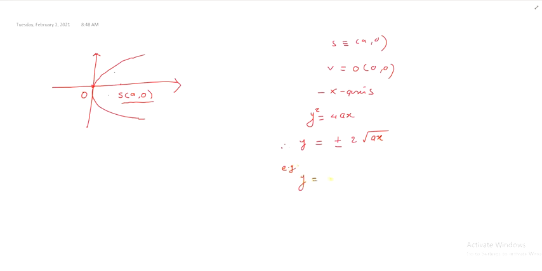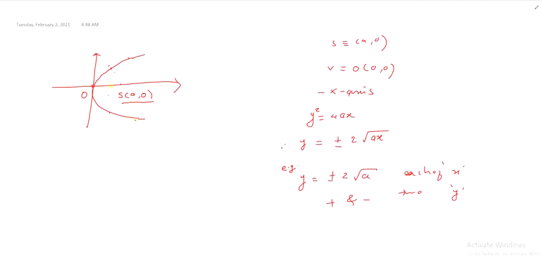if we have x equal to 1, then for each value of x we get two values of y, plus root 2a and minus root 2a. This means we get symmetric points for each value of x.